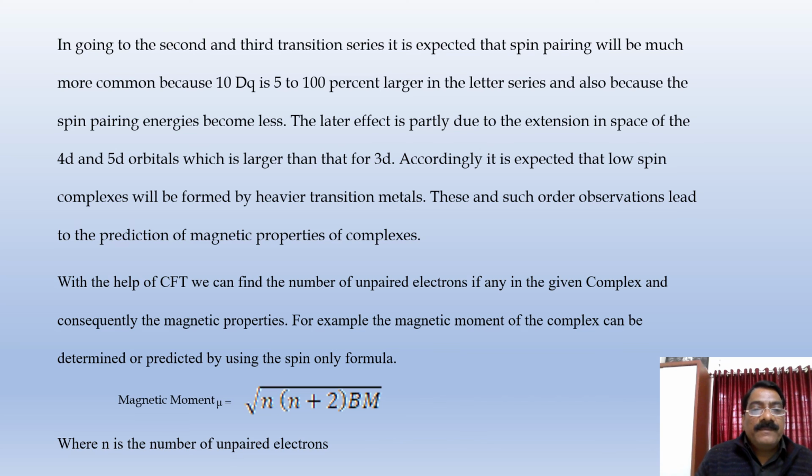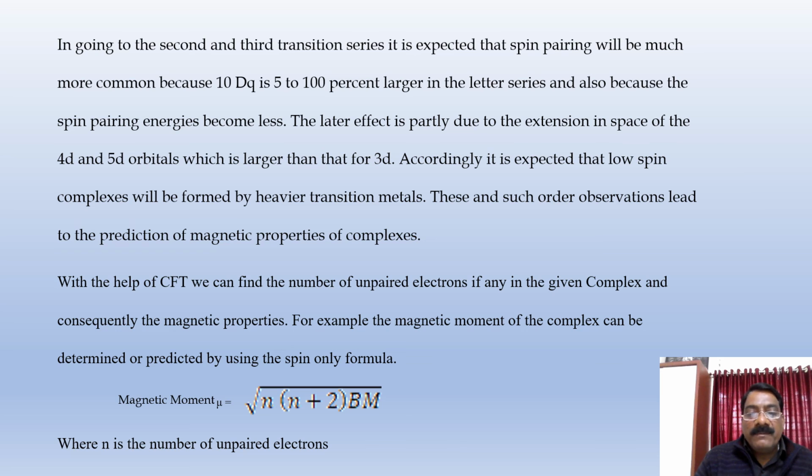With the help of CFT, we can find the number of unpaired electrons, if any, in the given complex, and consequently the magnetic properties. For example, the magnetic moment of the complex can be predicted by using the spin only formula. Magnetic moment mu is equal to the square root of n(n+2) BM, Bohr magneton, where n is the number of unpaired electrons.